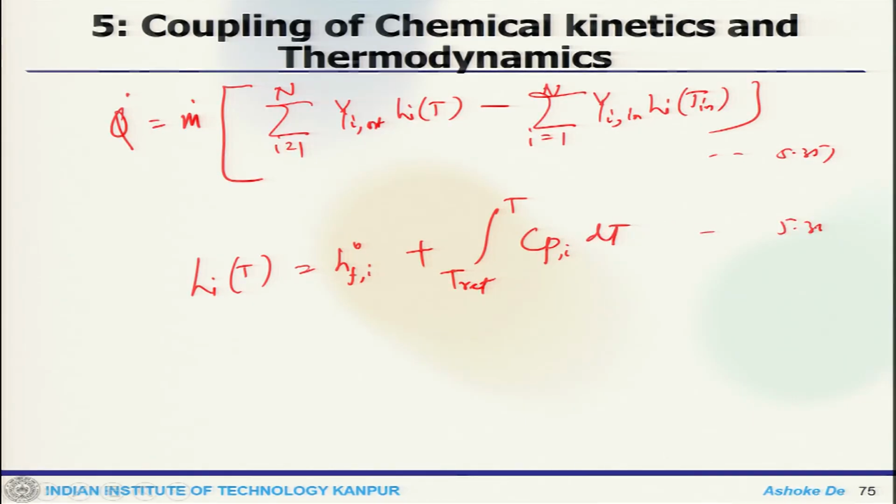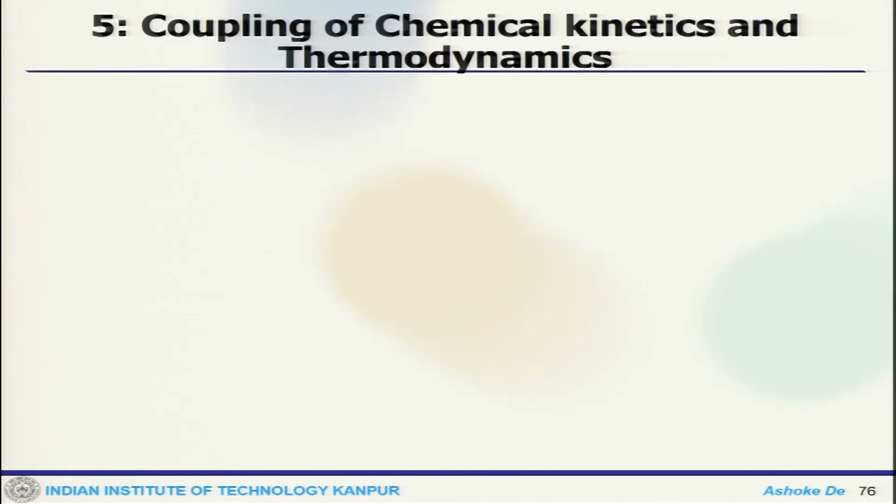So, finding T and y_i out is similar to the equilibrium flame temperature calculation, but the composition is constrained by kinetics.